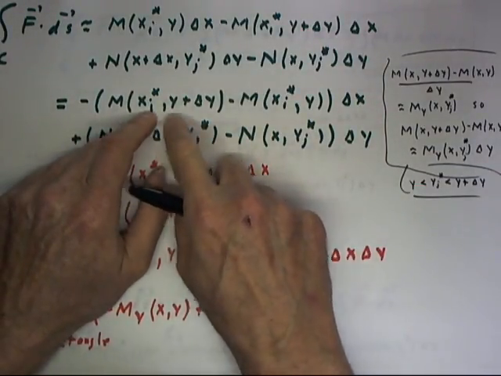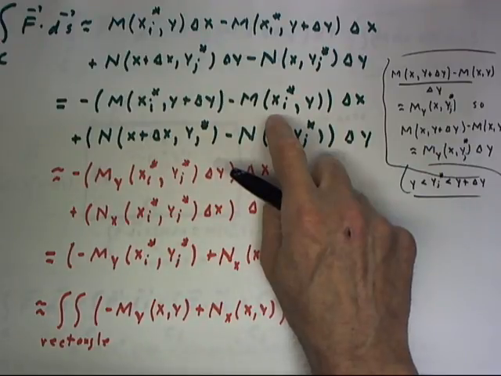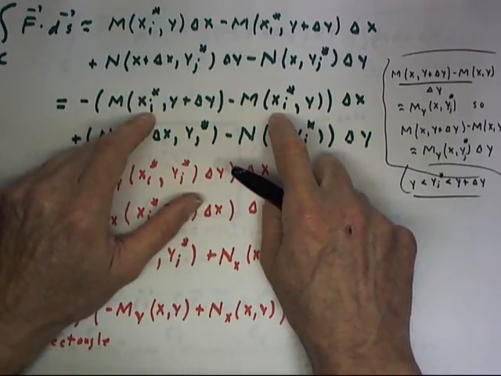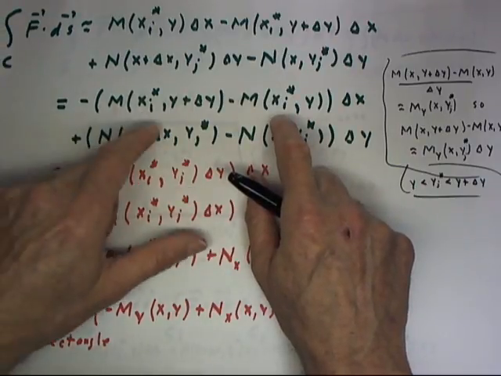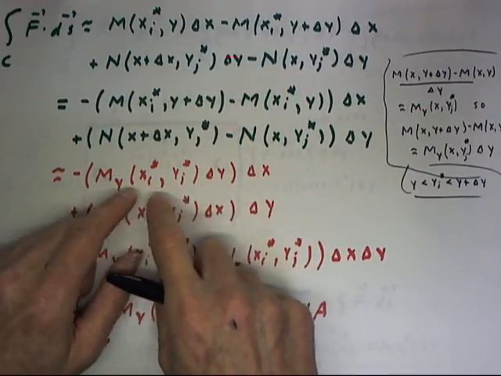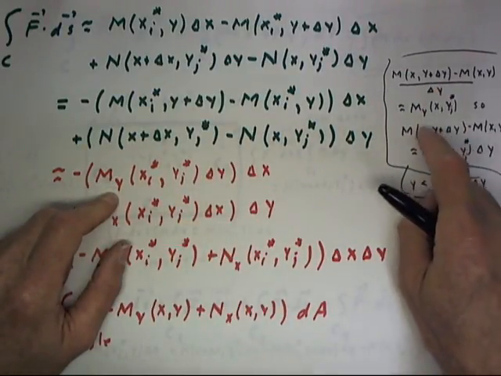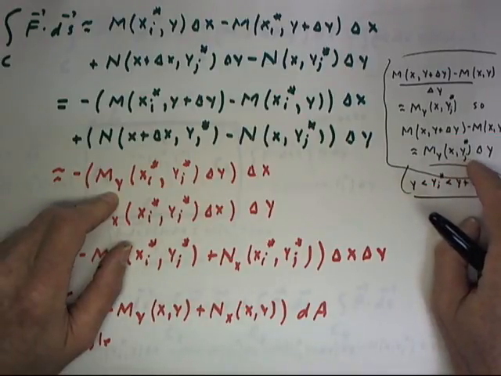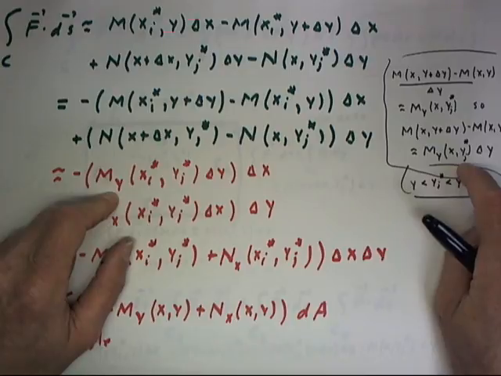Now in this particular expression, x takes the value xi star, which brings us right into the region that we're considering, the region bounded by this rectangular curve C, this rectangle. So instead of just an x, y, we're going to make it an xi star, y, and the y, of course, can be sampled by the yj star.